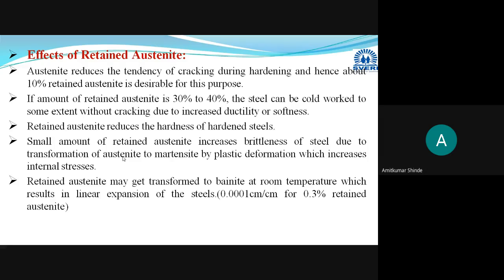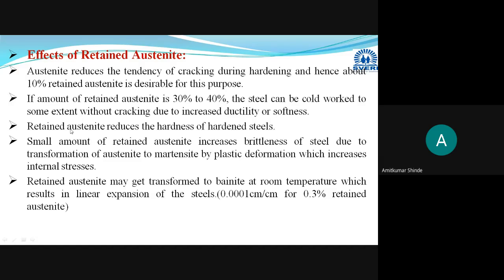Due to this plastic deformation, it transforms to martensite, and due to this transformation some internal stresses get created. Due to those internal stresses, that steel will become brittle in nature, and with a very small amount of shock or load it will break.